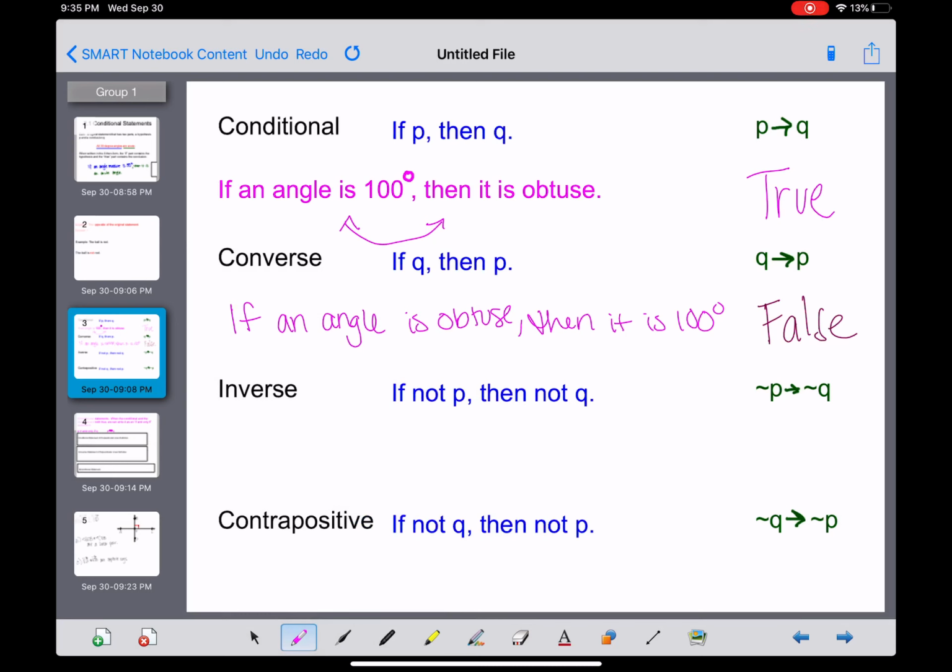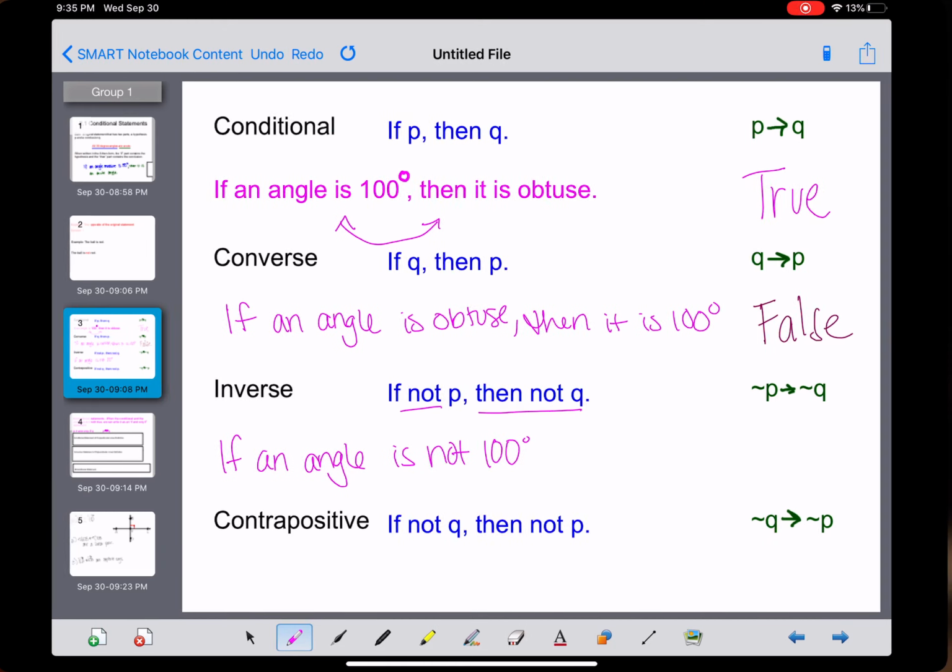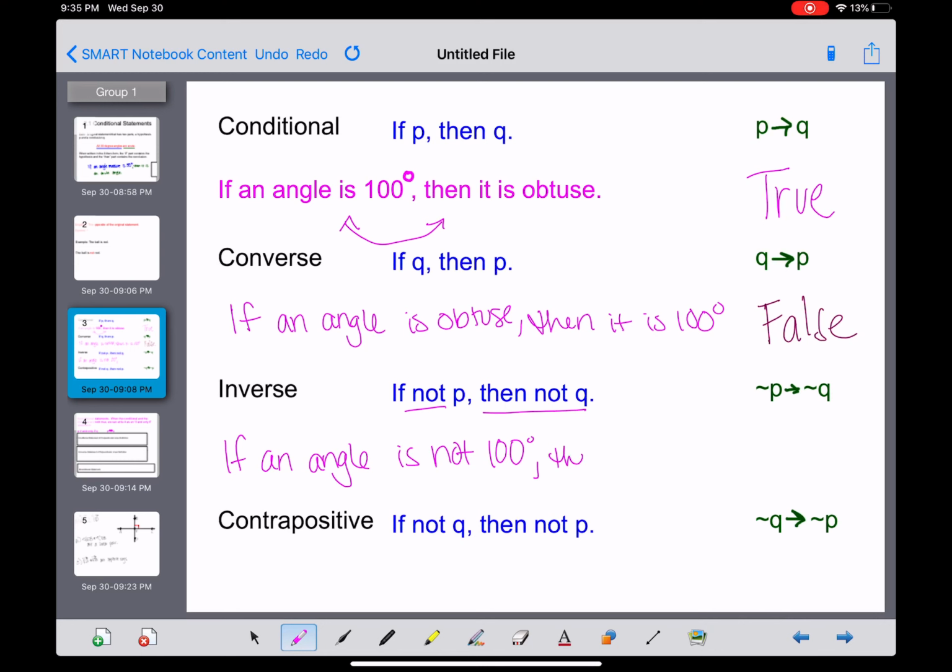Okay, so then the inverse is the opposite of the conditional statement. So if not P, then not Q. So if an angle is not 100 degrees, then it is not obtuse.